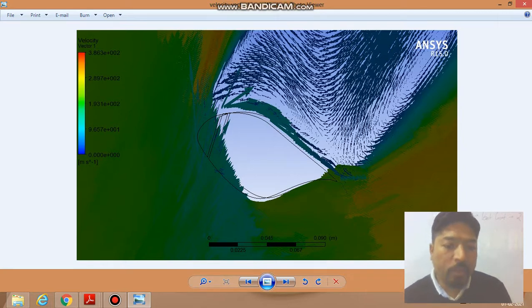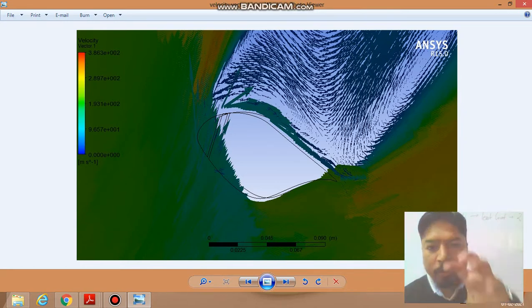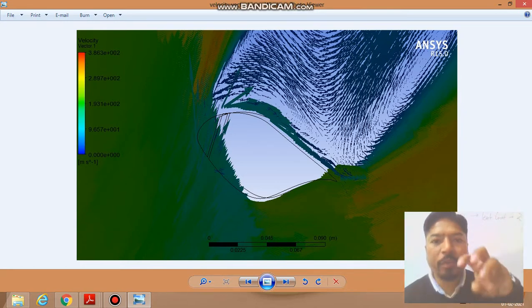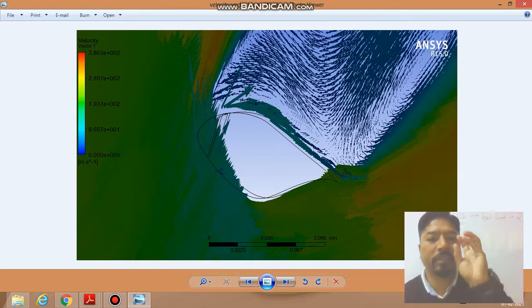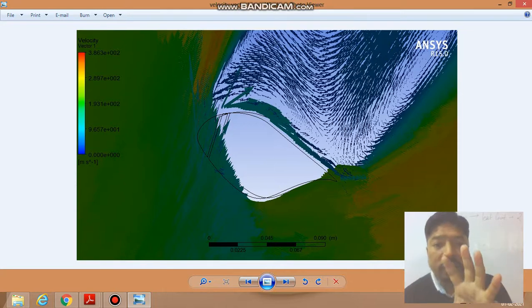My dear students, there are two important points in any fluid flow. When the fluid is flowing externally over any kind of object or surface, suppose you assume this is an object and the fluid is flowing from here.